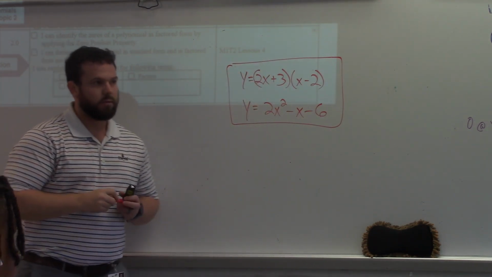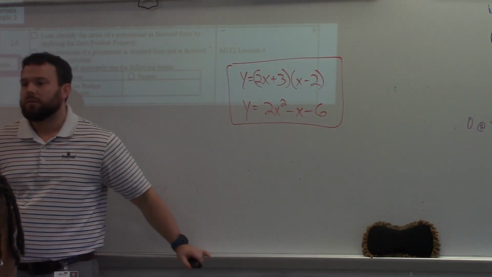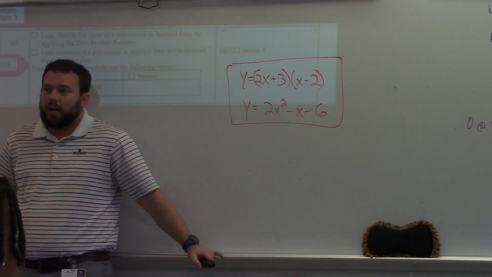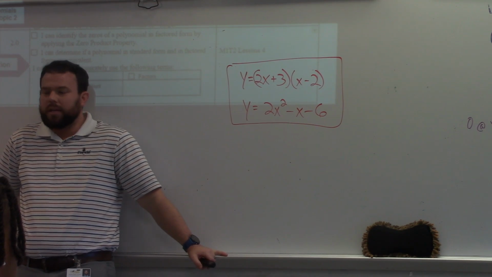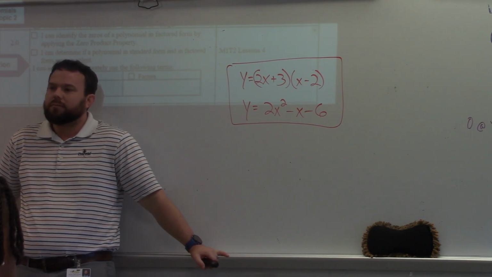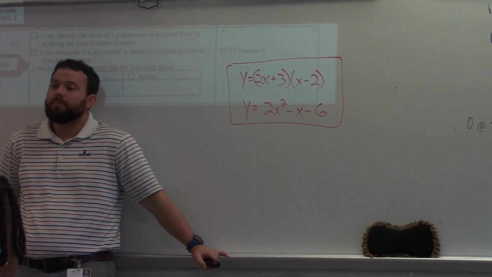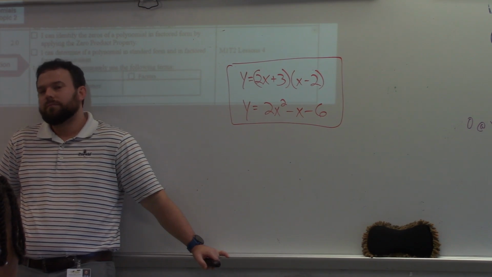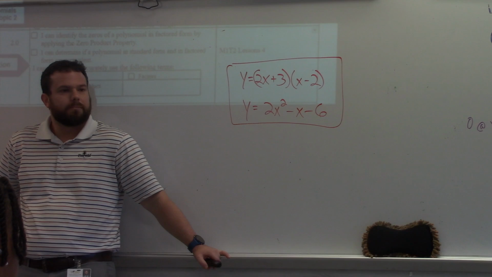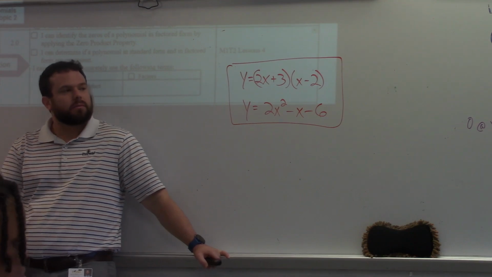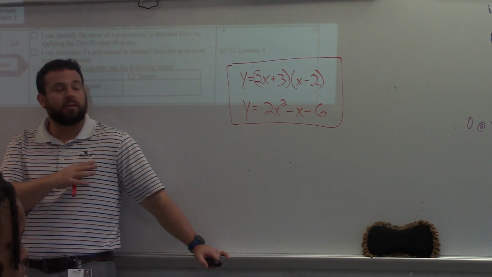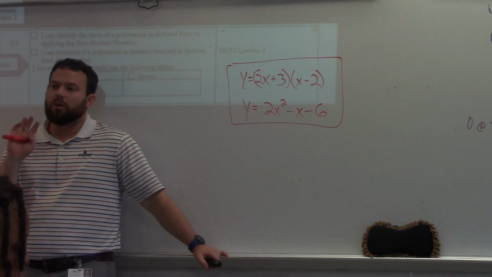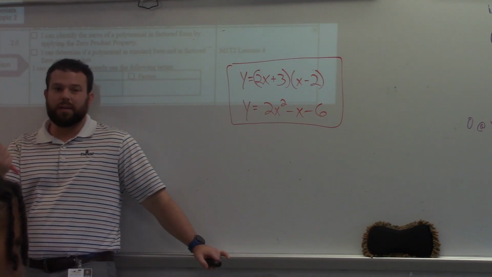Verify. Say it again. I could graph them. But Jamie and Addison, what am I going to look for when I graph them? The same what? Do they need the same intercepts?